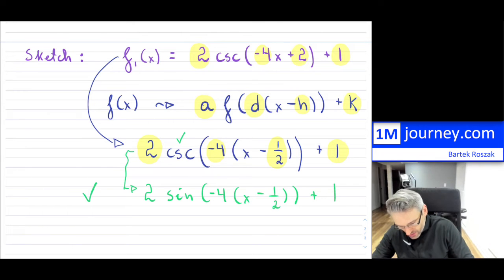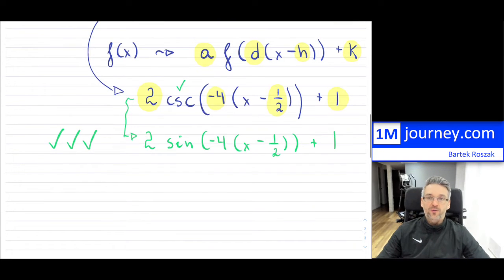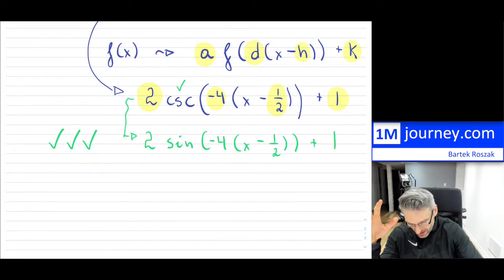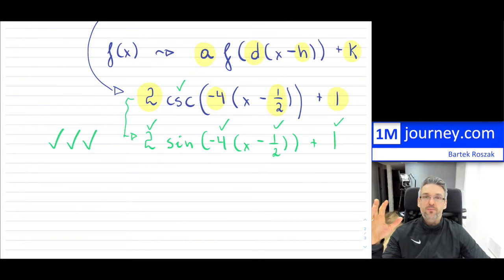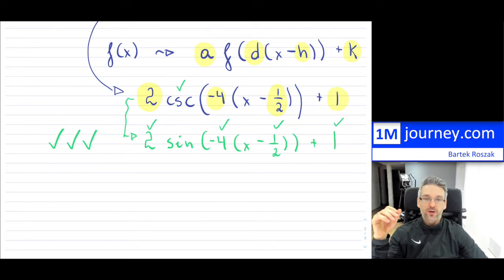What I'm going to do is graph this transformation first, so I can have a nice, beautiful one period of my sine function. Then one by one, I'm going to apply these to transform my sine, and then extend it. I'll take one period and extend that one period everywhere else.